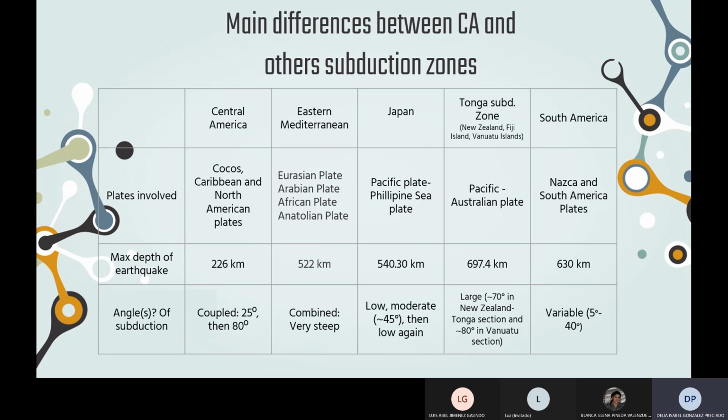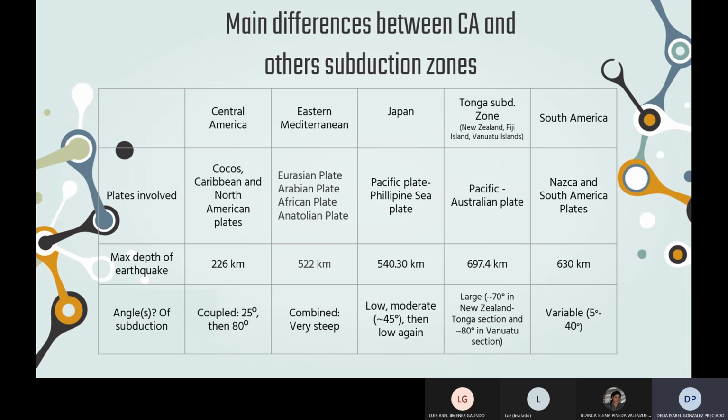So the main differences between Central America and other subduction zones, first of all, are the plates involved. For example, in Central America we have the Cocos, Caribbean, and North American plates, and in the others we have the Eurasian, Arabian, African, and Anatolian plates, passing through the Pacific and Philippine Sea plates.